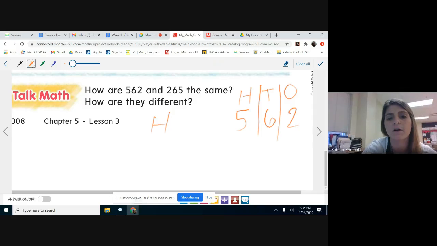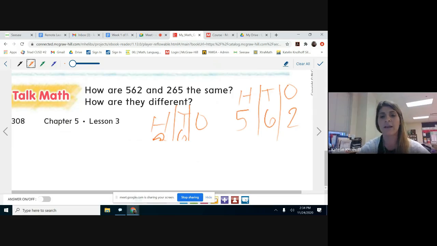And this number, our second number, the 2 would go in the hundreds place, so this one would equal 200. The 6 would go in the tens place, so that would equal 60. And the 5 would go in the ones place, so that would equal 5. So yes, they are the same because they have the same digits, but they're very much different because they aren't equal.